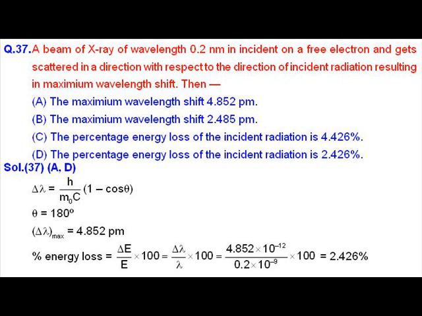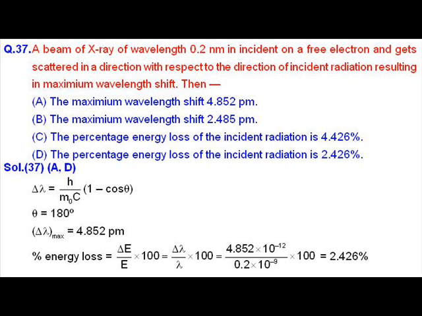Now we have to find out the percentage of energy loss. Percentage of energy loss is given as change in energy divided by the total initial energy, multiplied by 100. We know that change in energy will be in proportion with maximum wavelength change divided by initial wavelength multiplied by 100.